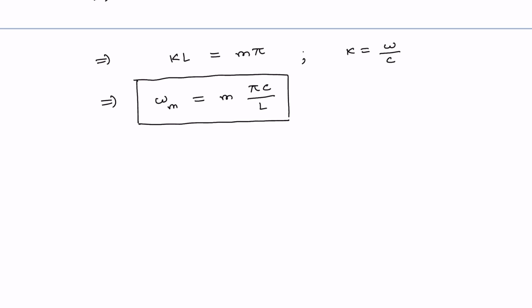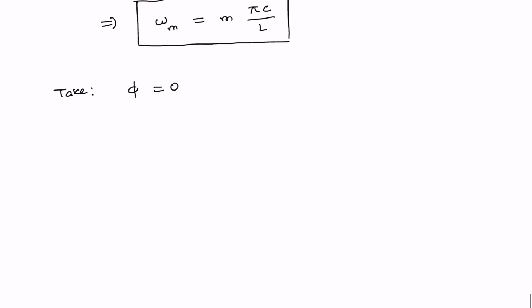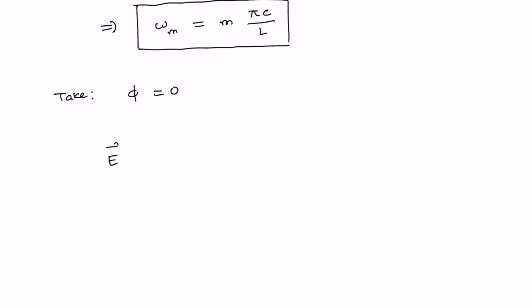Now, without loss of generality, I can take phi equal to 0, and then I get the electric field expression E equal to x cap twice E0 of t, this is the modulus of the amplitude, times cos ky.